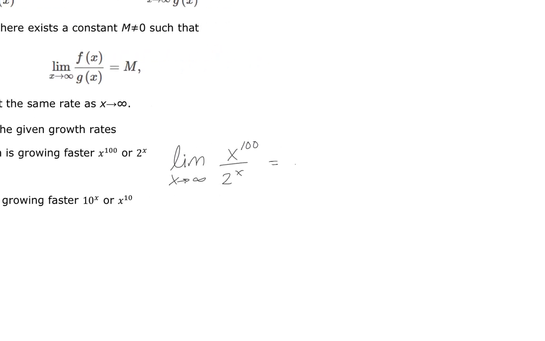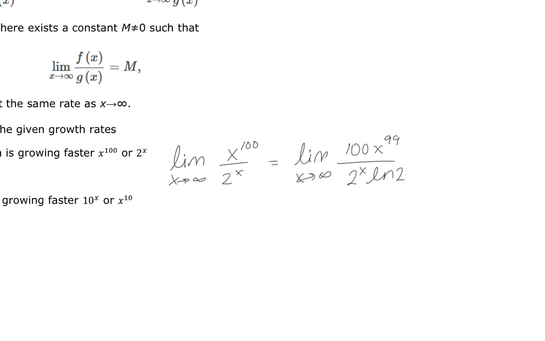I'm going to get the limit of 100x to the 99 over 2 to the x times the natural log of 2. And this is going to go on for a long, long time. So how am I going to figure this out?